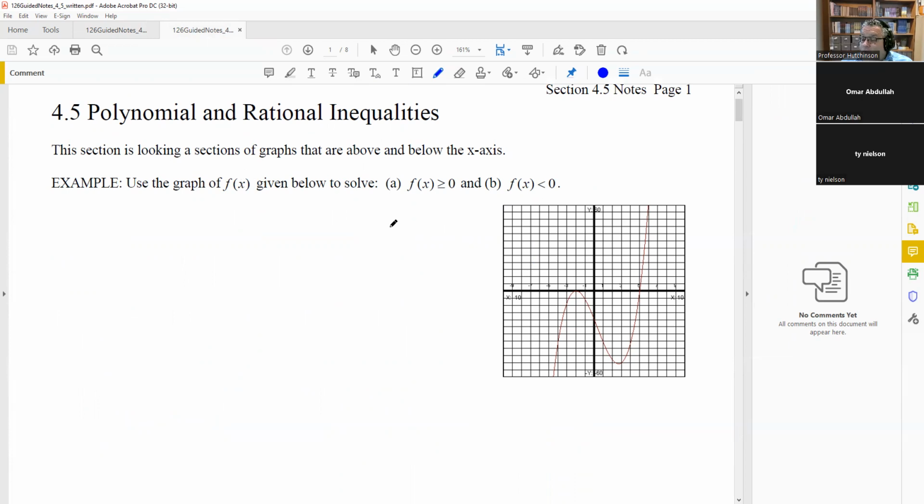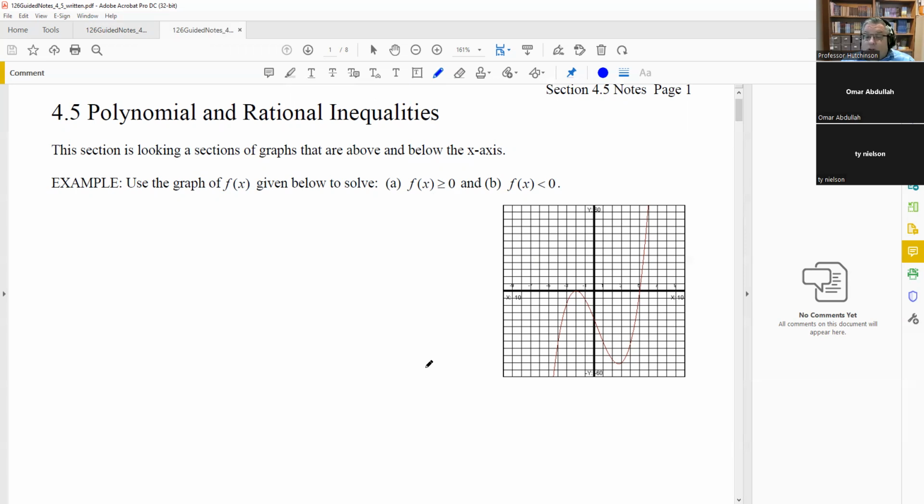And so these kinds of problems have us solve inequalities where there are still going to be polynomials, but you'll have greater than or less than or equal to 0. You'll have something like that. So there are inequalities with polynomials or with rational functions that we'll talk about a little bit later.